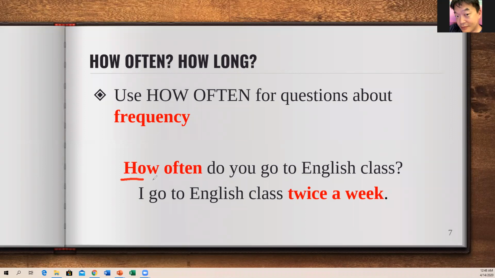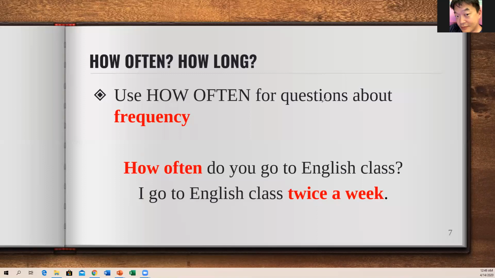How often is in the beginning of the sentence, always. And then after how often, you have the question, the interrogative sentence. Okay, that's how you use that. Okay, so don't forget.